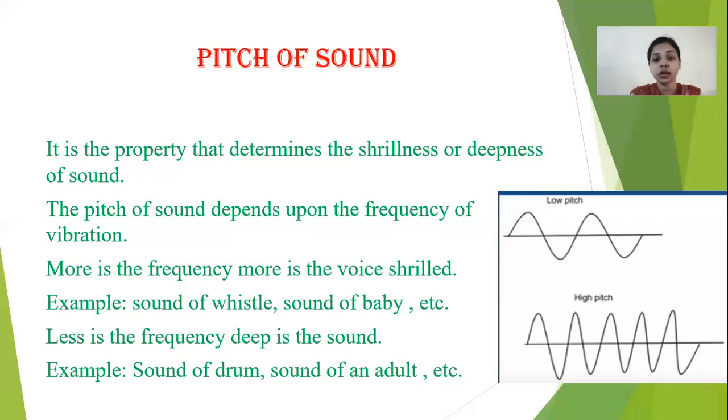The loudness depends upon the amplitude. If the amplitude increases, the sound increases. If the amplitude decreases, the sound also decreases. And the pitch depends upon the frequency. If the frequency increases, there is a high pitch and the voice is shrill. But if the frequency decreases, there is a low pitch and the sound becomes deep.